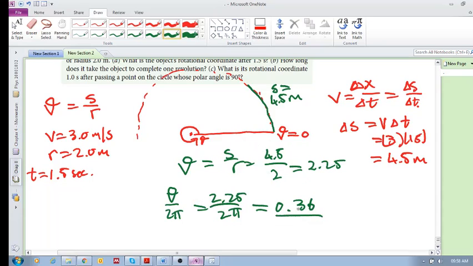So what does this mean? This helps me understand this a lot easier. Of course, this was the answer, right? So if you got this, that's good. But in order to relate this to my understanding of circular motion, what this is telling me is that this coordinate, if measured from 0, I've moved 0.36 of a complete revolution, right?